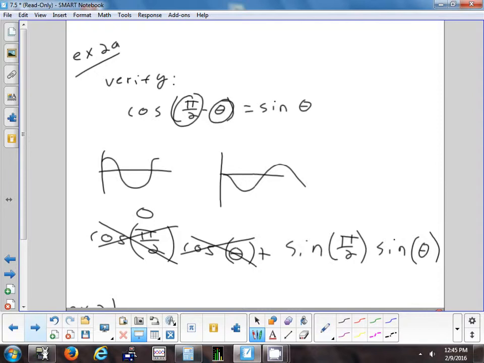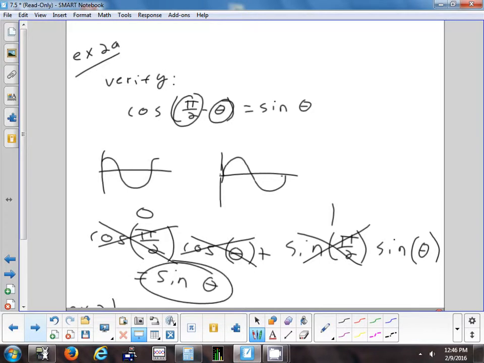Let's look at sine of pi over 2. When we're at pi over 2 on the graph of sine, what value do we get for y there? 1. So all we're really left with is 1 times sine theta, which is sine theta. So we just proved cosine of pi over 2 minus theta is the same as sine theta.